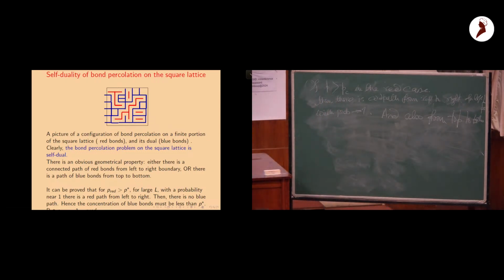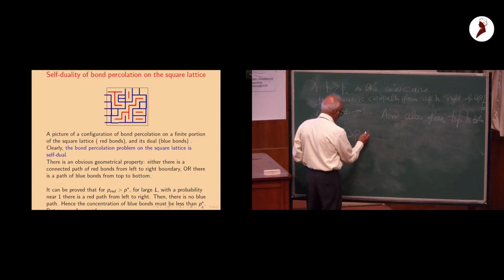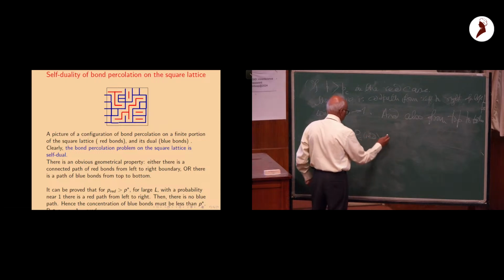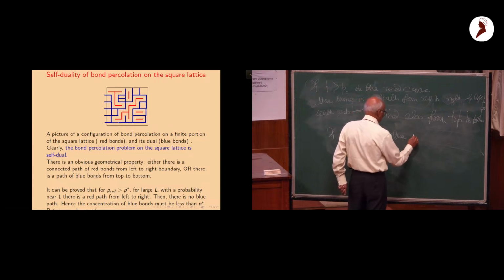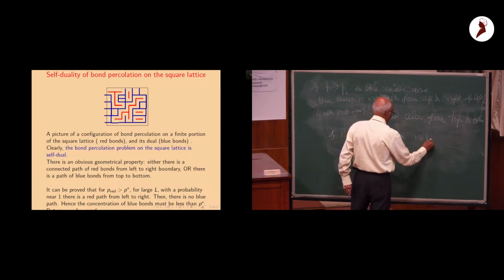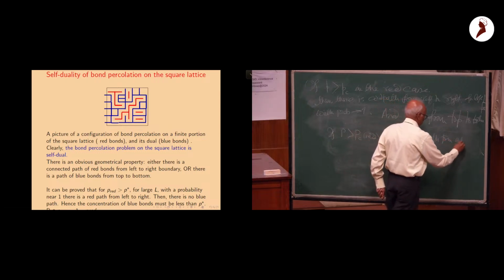So then it says that if P is bigger than PC red, then there is a red path from left to right.